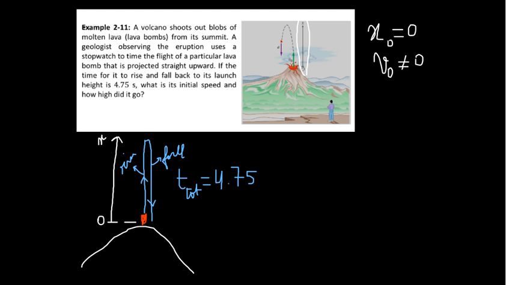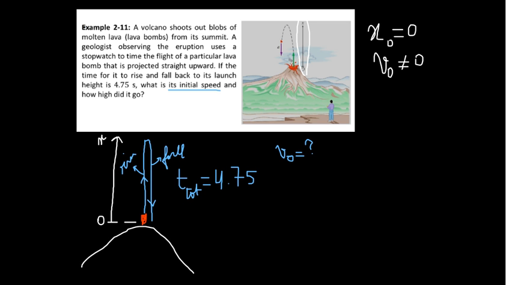So let's answer first the initial speed. First thing he wants to know, v0 equals how much? Great. Now what should I do in this case? I have to think about what I know in this situation. First thing, time: I have the time for the entire flight, the entire trip. What happens in this trip?